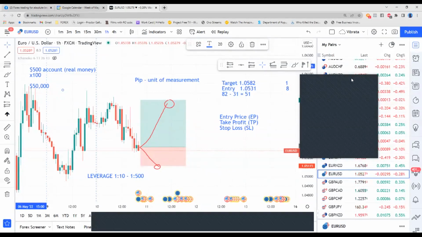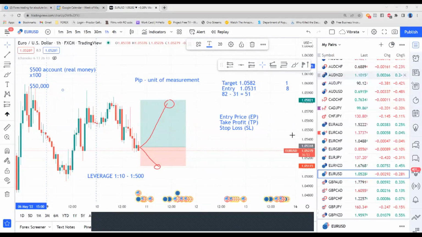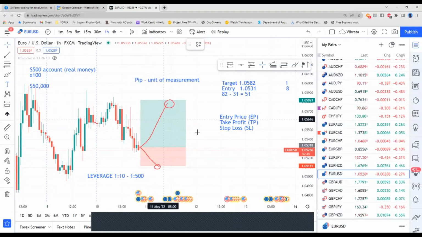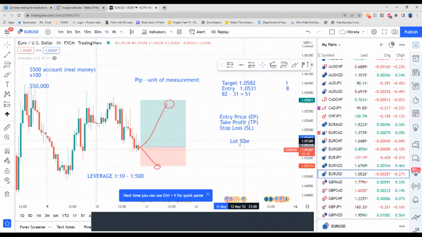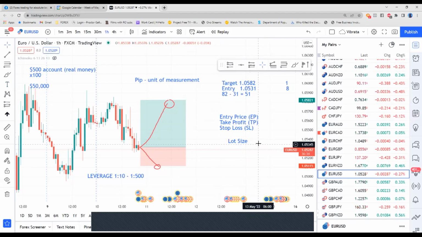Now, why is this important? Well, this is important because of the next crucial term that you need to understand, which is the lot size. So your lot size is going to determine the value of each pip. So if this moves from 82, because remember, we ignore the pipettes, okay?